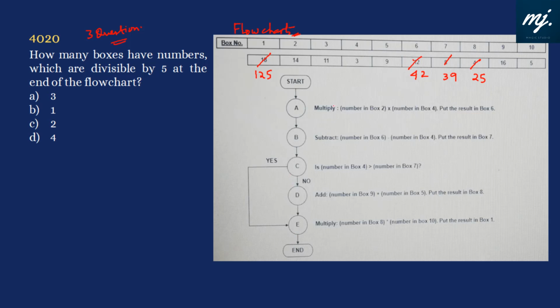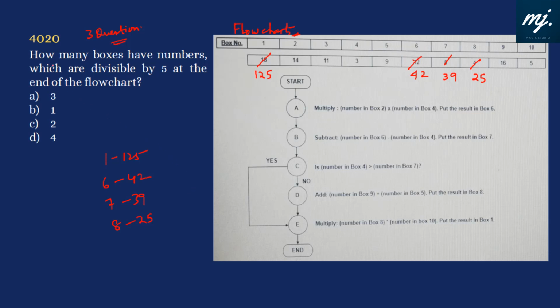That means after the flowchart, only 4 boxes have changed. 1 has become 125, 6 has become 42, 7 is 39, and 8 is 25. Otherwise, the rest 6 boxes' numbers remain the same. Now we have 3 questions to follow that can be answered in 6-8 seconds maybe.